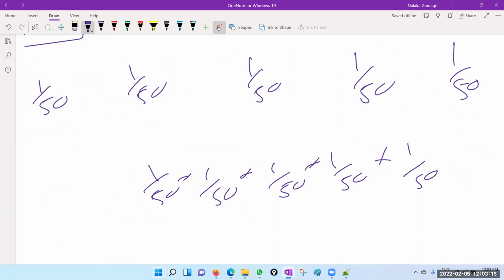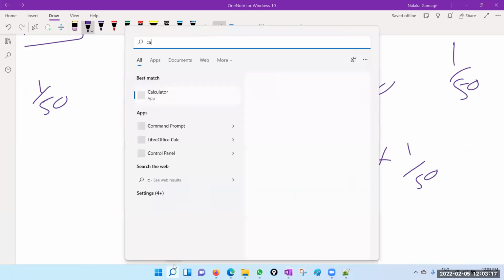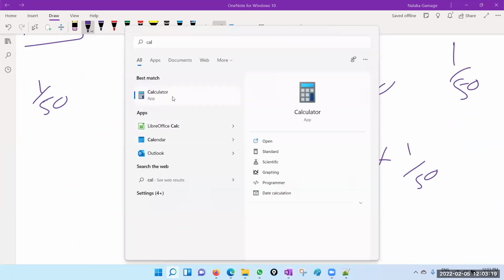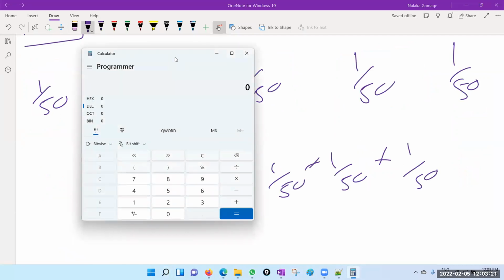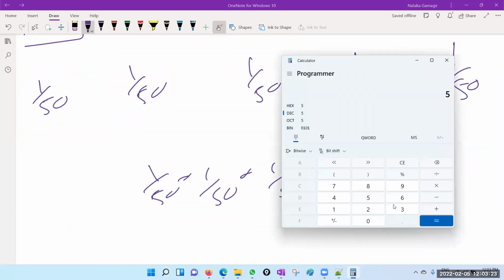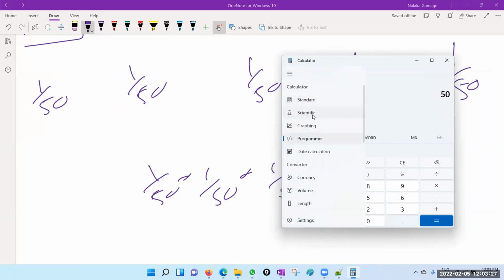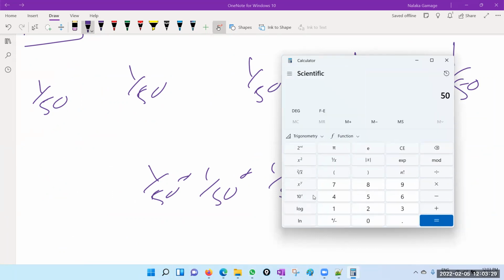You take the calculator and calculate. That is how people make decisions if you really want to buy it, right? So that is 50 to the power 5, and 1 over that.